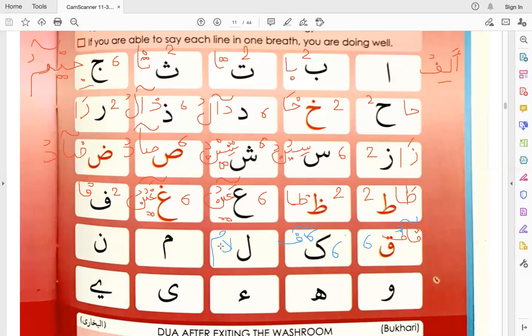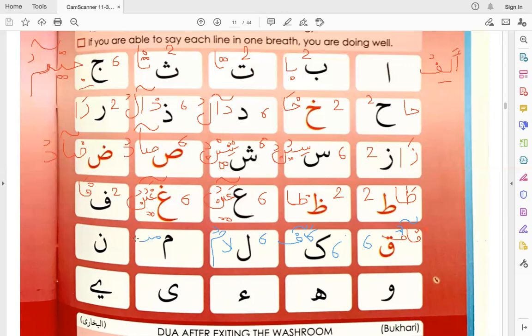Lam will be six haraka long too, because there are three letters involved to pronounce the name of this letter: lam, alif, mim. Whenever three letters are involved to pronounce the name of any letter, it will be six haraka long, because mim has sukoon and there is a mad letter before it. Then we have to stretch it for six haraka. Lam, mim.